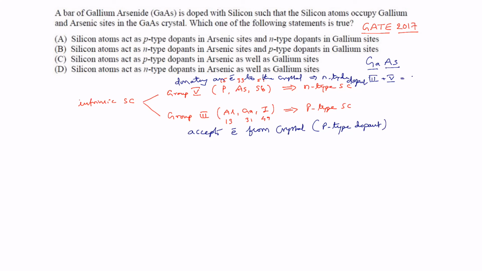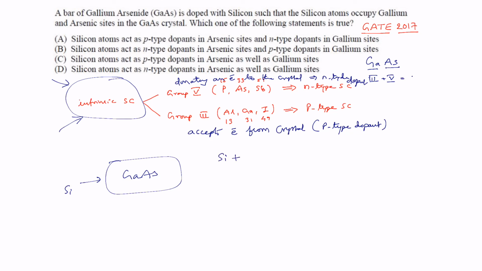Now we are coming to the question. It is given that silicon is doped into a gallium arsenide crystal. Now you have a gallium arsenide crystal, and silicon atoms are doped into it. Either silicon occupies the gallium site, or silicon occupies the arsenic site.